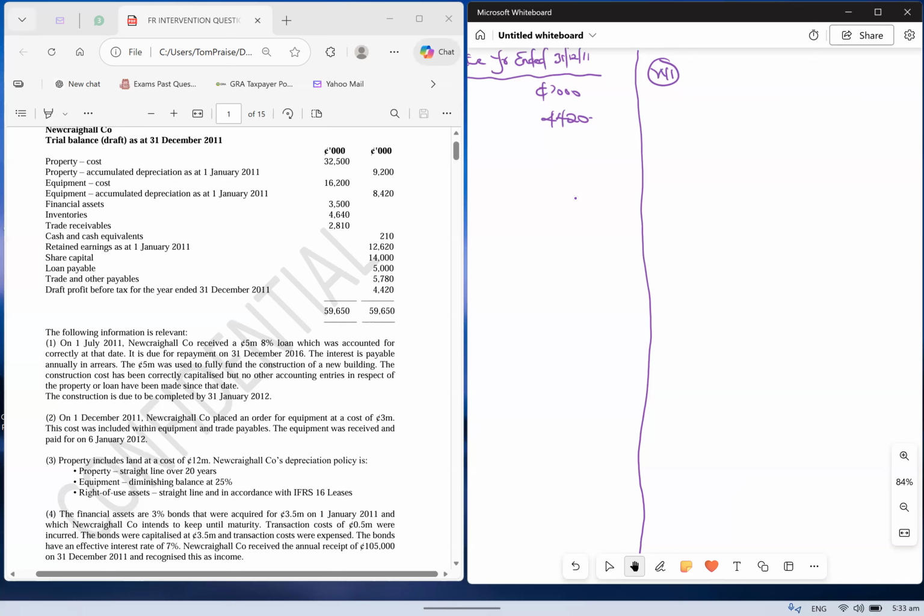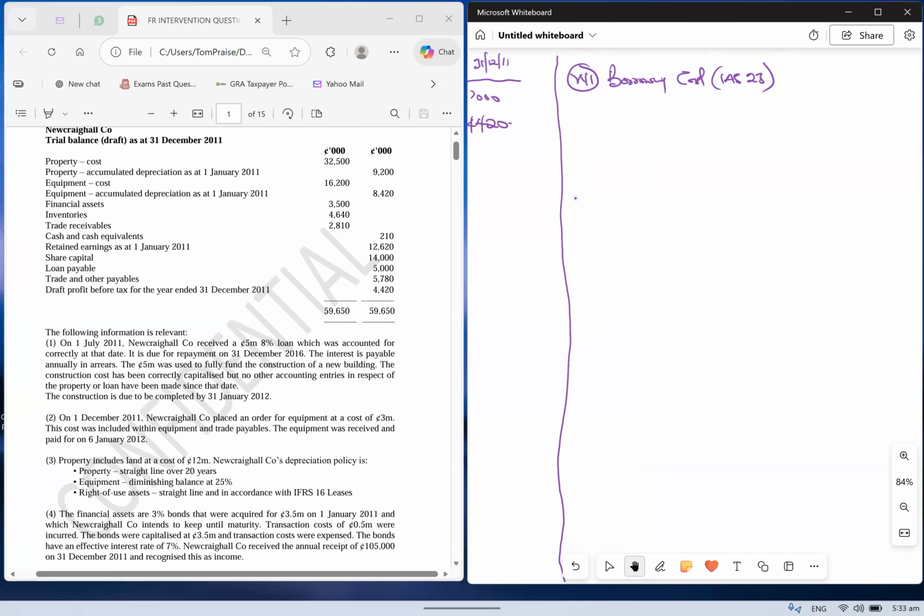Unfortunately, it's not so. This is borrowing cost, IAS 23. That's what it is about. So I now use this one to help you revise on borrowing cost. What is borrowing cost?